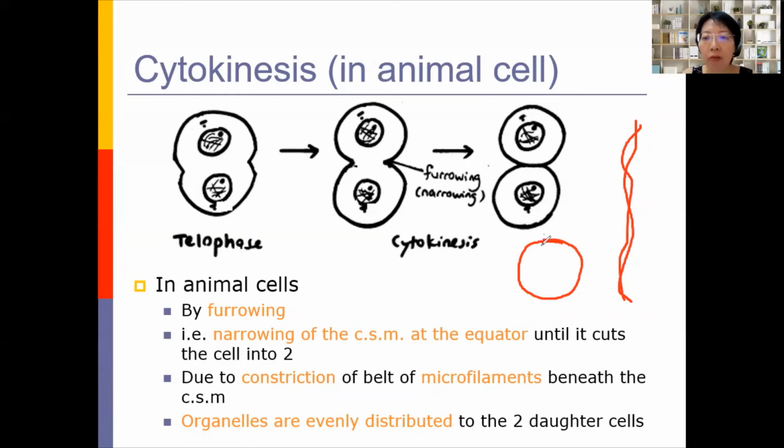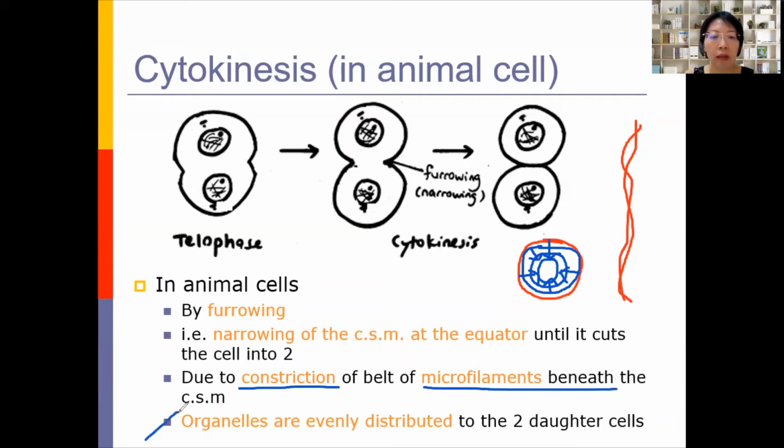You have this belt below the cell surface membrane that will start to constrict inwards, like you pull a belt and make its circumference smaller and smaller. The membrane is attached to it, so the membrane will also be pulled inwards. That's why the membrane furrows inwards, because of these microfilaments beneath the cell surface membrane that constrict inwards, pulling the membrane in.